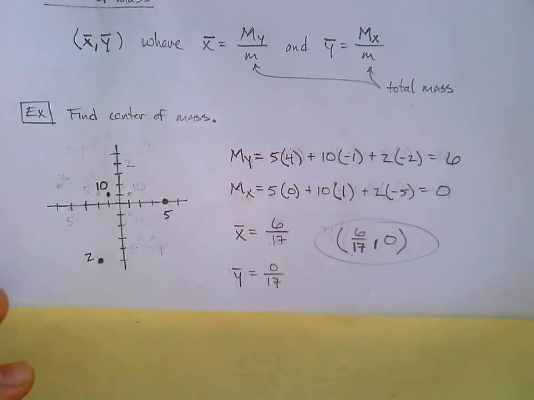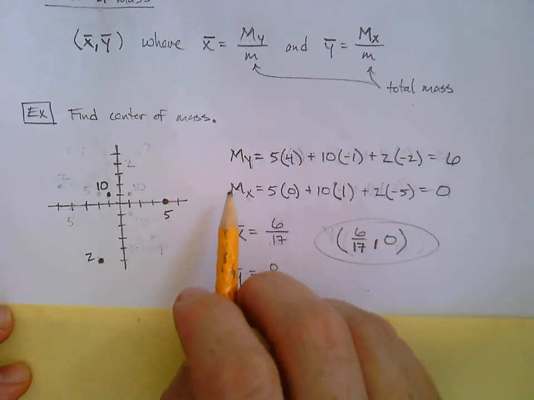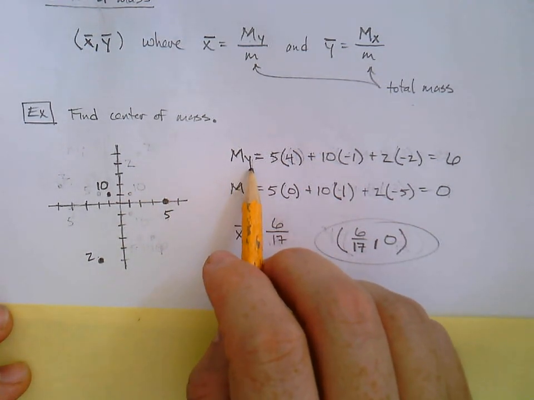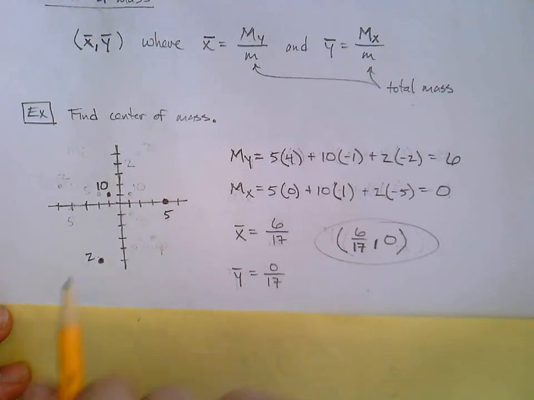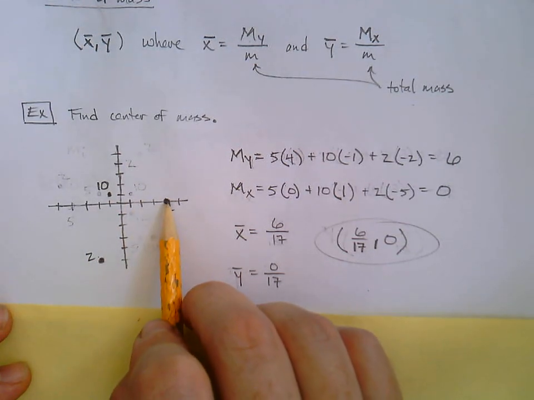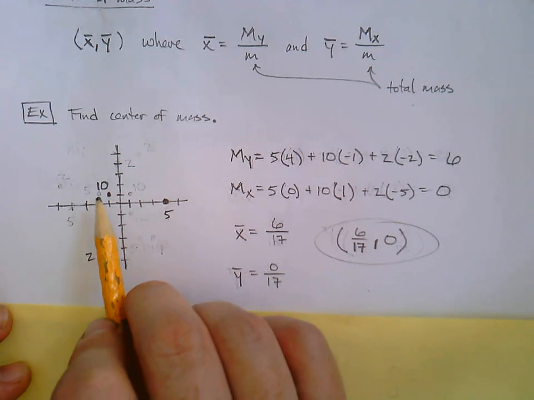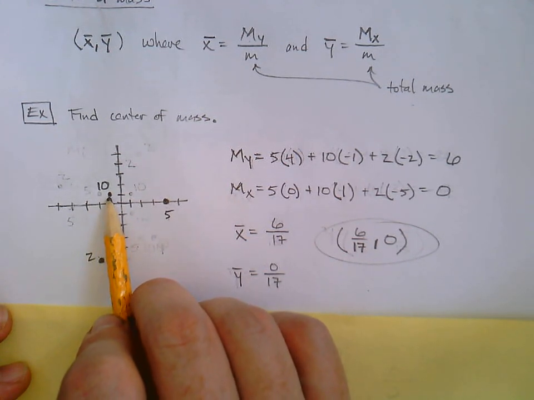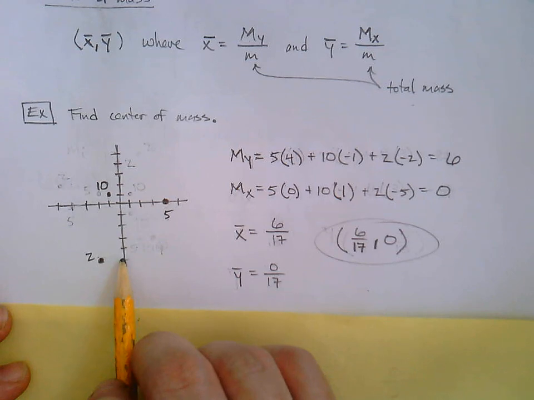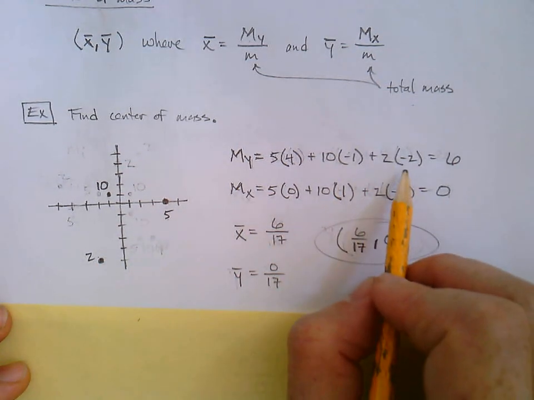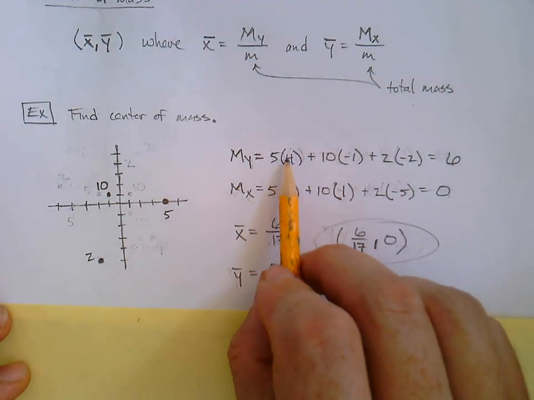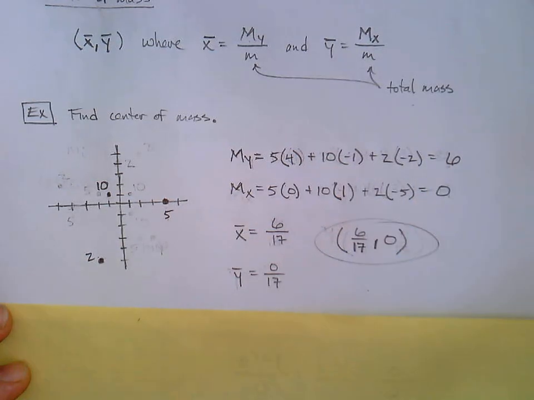If we were to find the center of mass, we'd say, okay, maybe we start with m sub y, that's the horizontal rotation. So we'd take 5 multiplied by its x-coordinate 4, plus 10 times its x-coordinate -1, plus 2 times its x-coordinate -2. Put all that together and you would have 6.